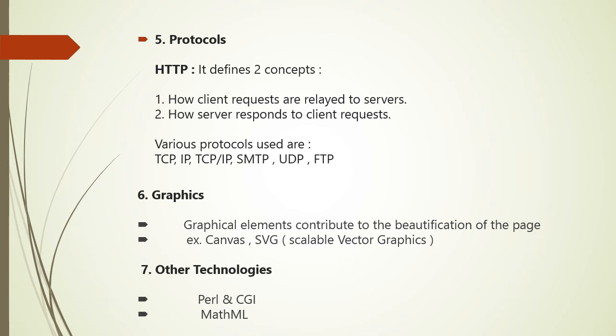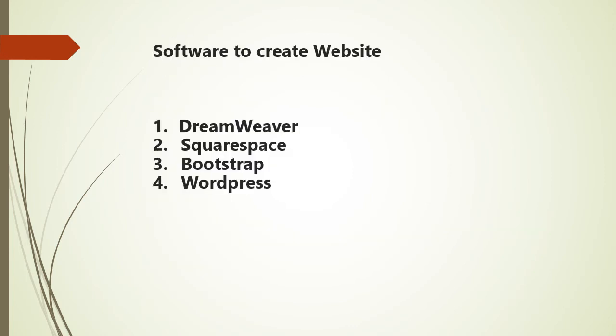Then other technologies that we are using are Perl and CGI, that is Common Gateway Interface, and MathML, Mathematical Markup Language, which is used for adding mathematical equations and all. There are various softwares which are used for creating the website. For example, we have Bootstrap, Dreamweaver, Squarespace, WordPress, and Sketch 3.